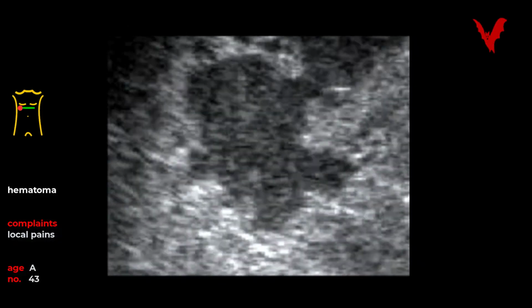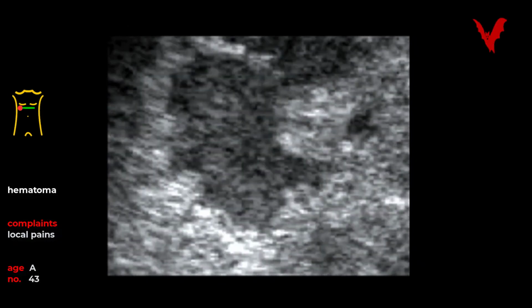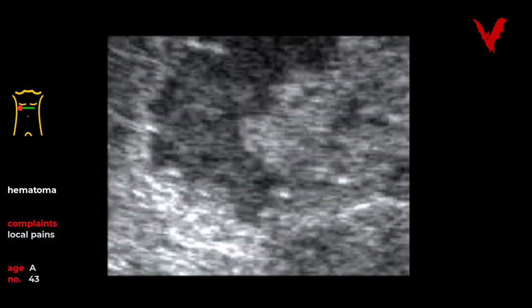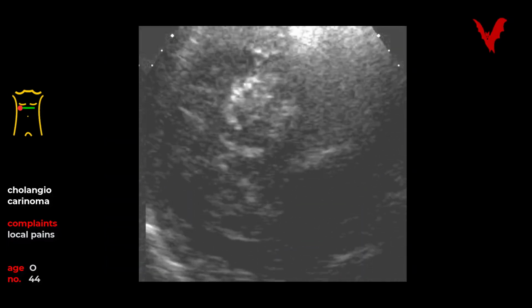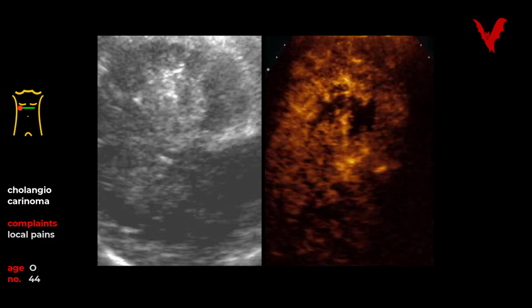This hematoma in figure 43 was punctured for both diagnostic and therapeutic purposes. This tumor in figure 44 had to be found as well in the liver.